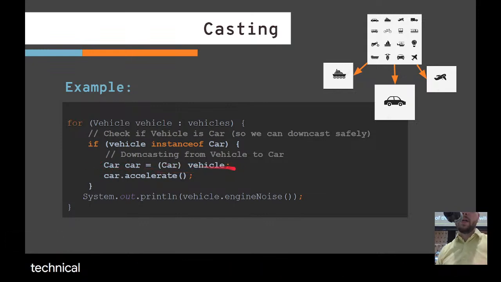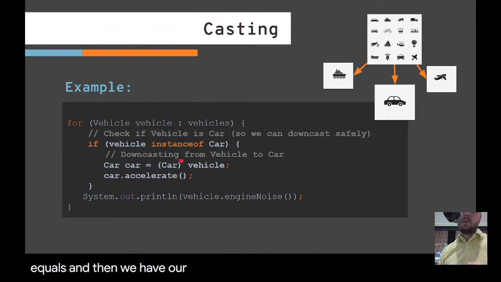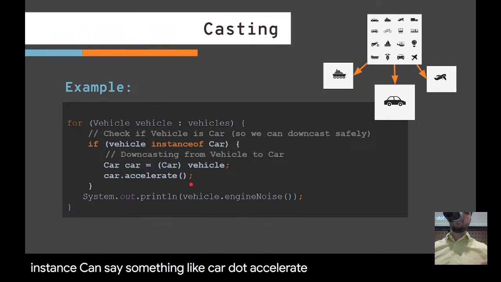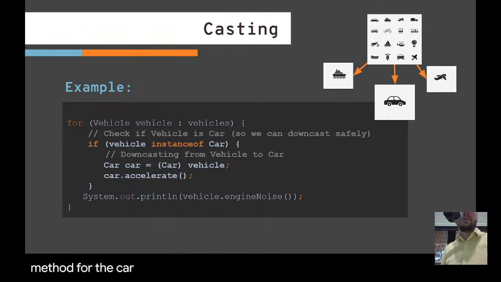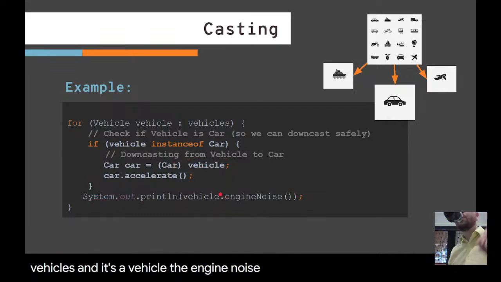This is the technical downcasting line. We're saying car, it can be anything at this point, equals, and then we have our parentheses, and then car, and then we have our vehicle instance. And then from there, we can say something like car.accelerate, because maybe that's a special method for the car class. And then after that, we go back to just handling all of the vehicles, and we say vehicle.engineNoise.